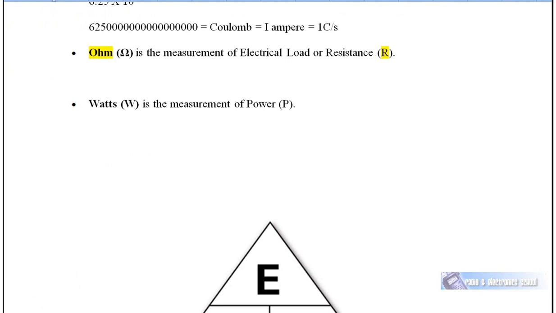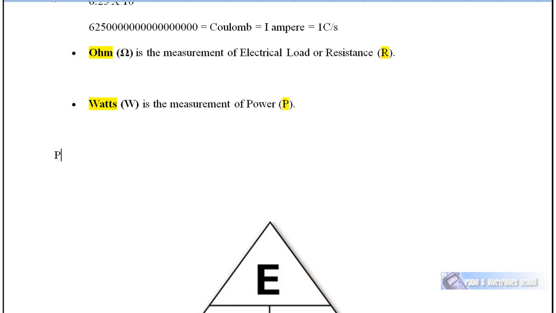The unit of electrical power, or how much heat or work is being done by an electric circuit, that's what power is, is the watt. We use P in equations for the watt. So how much power is being used by a circuit is measured in watts, and watts is simply the product, the multiplication, of the current in the circuit multiplied by the voltage in the circuit.